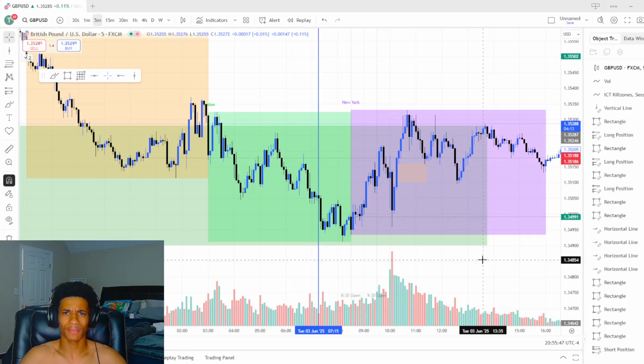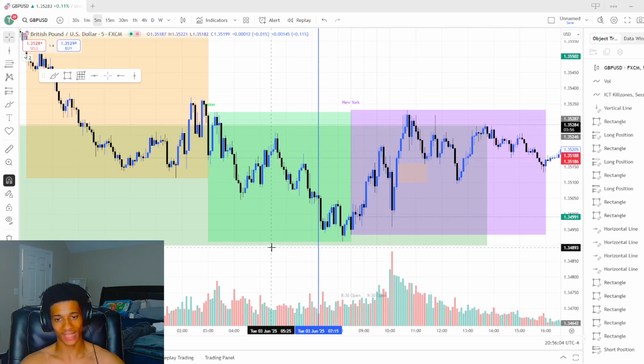Mainly the 5 minute and the 15 minute. The 30 minute and the 1 hour I kind of use as my middle time frames. They give me my realistic intraday targets of liquidity.